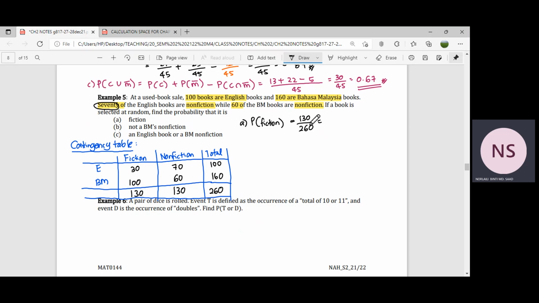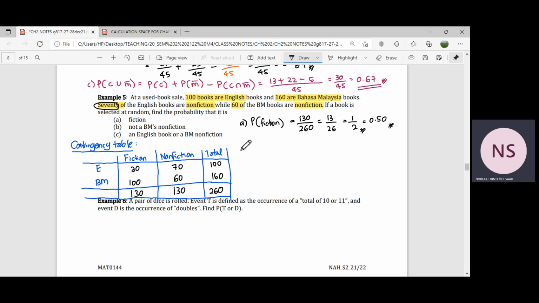Using a calculator, we have 13 over 26, which equals 1 over 2, which is 0.50. You may leave your answer as a fraction or write it in decimals.